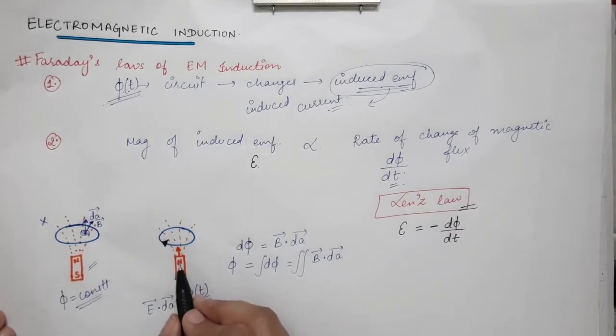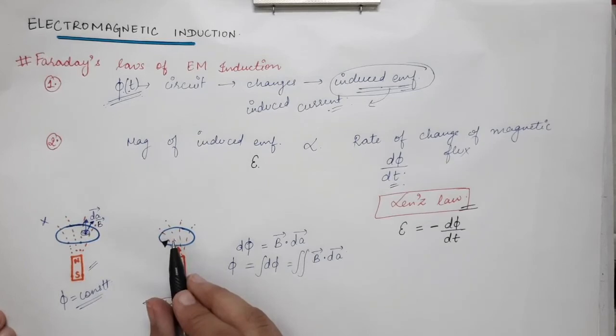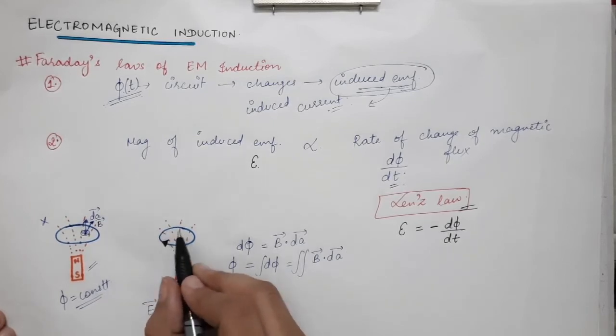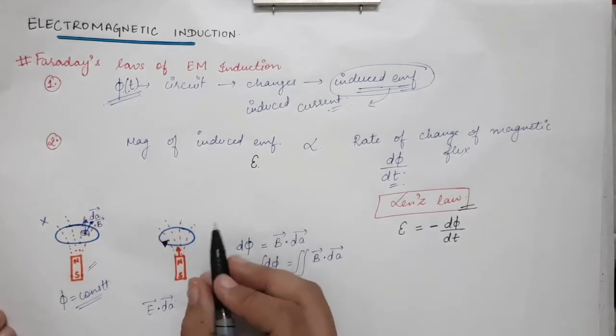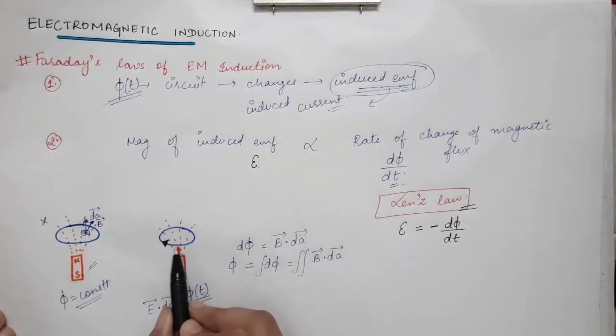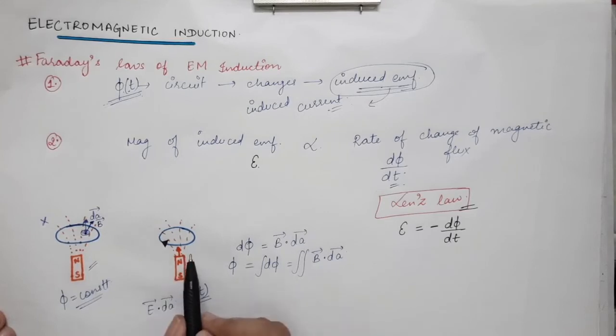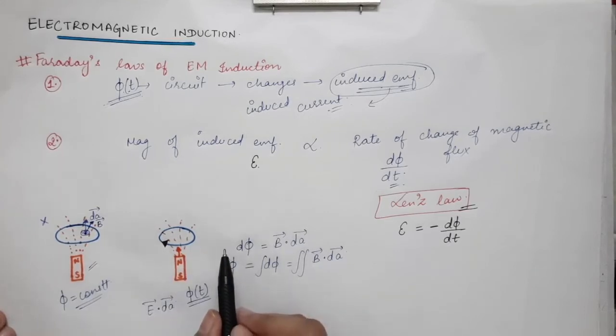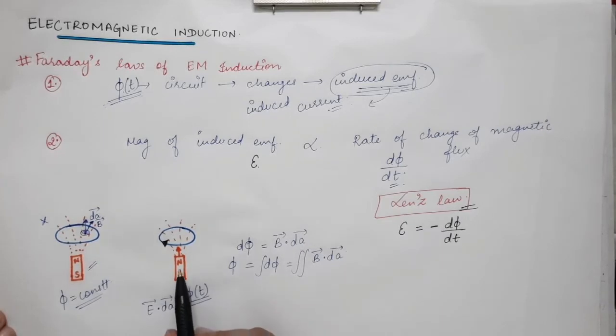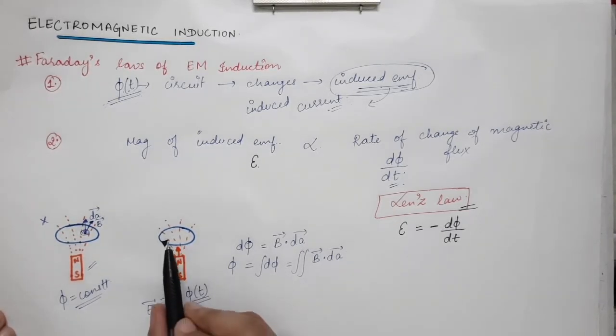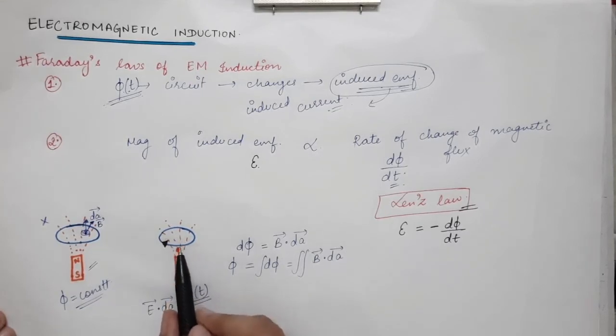So in this case, if the magnetic field is increasing, as you are moving the bar magnet towards this circular loop, the magnetic field lines linked with this circuit are increasing with time. So induced current will flow in this circuit in such a way that it produces an additional magnetic field in the downward direction, and hence it will oppose the cause of its production. And in the opposite case, if the bar magnet is moved away from this circular loop, the magnetic field lines linked with the circuit will decrease.